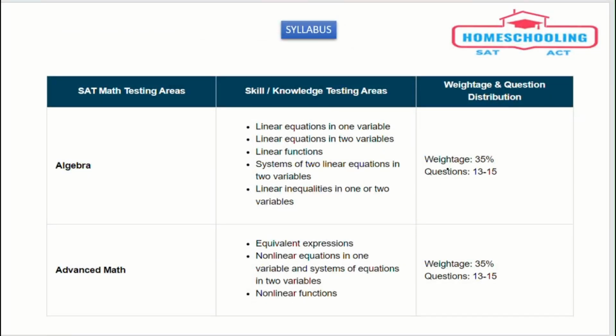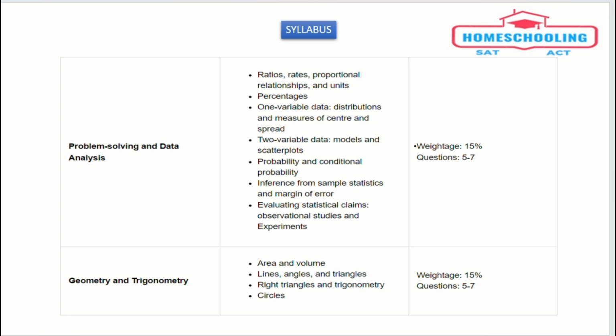Now this is our syllabus here. We have already covered all the topics from geometry and trigonometry. You can find that on our YouTube playlist on our channel. In problem solving and data analysis, we have already made three videos on percentage.